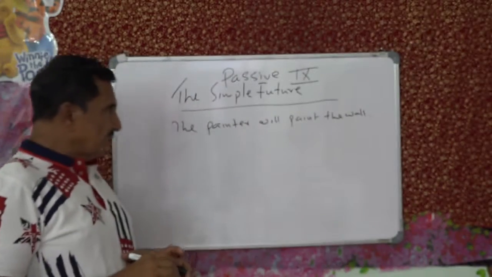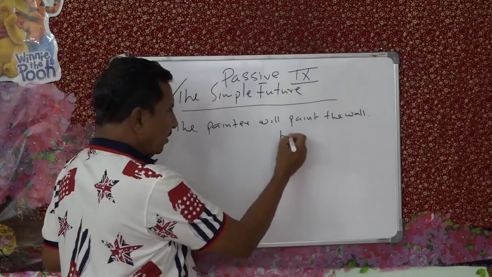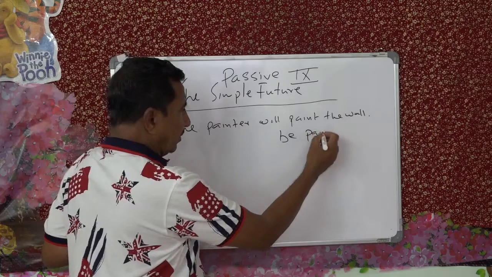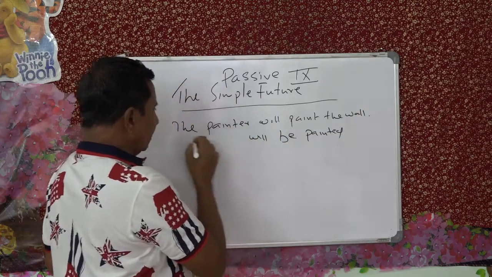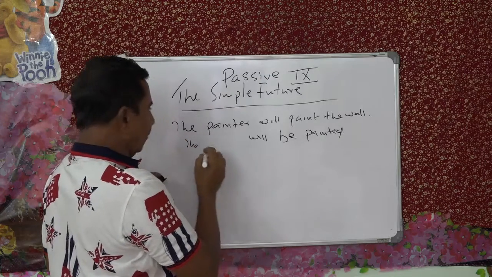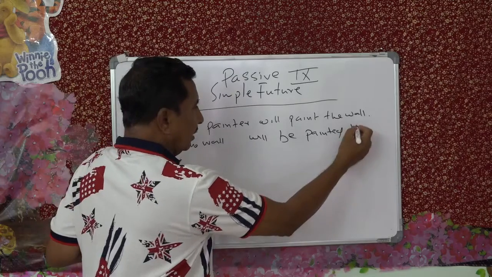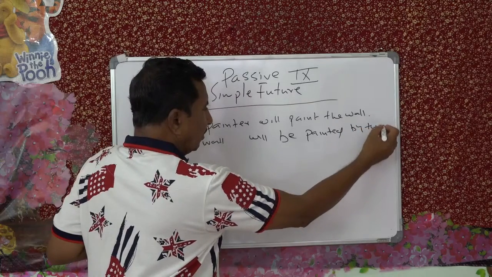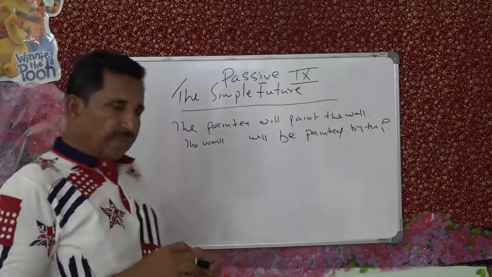All you have to do is insert be, then the past participle of the given verb, painted, and will. So the wall will be painted by the painter.